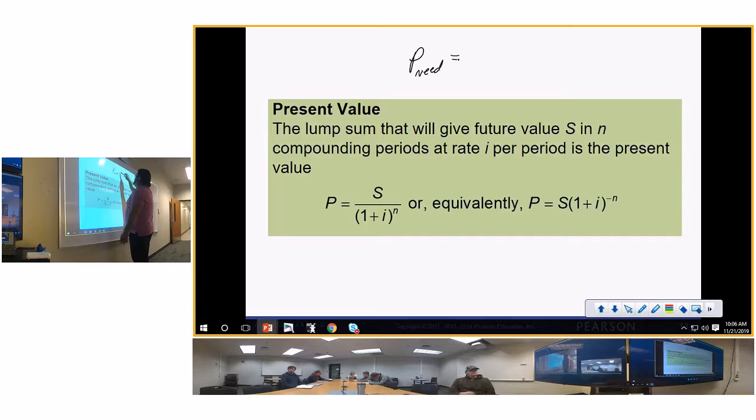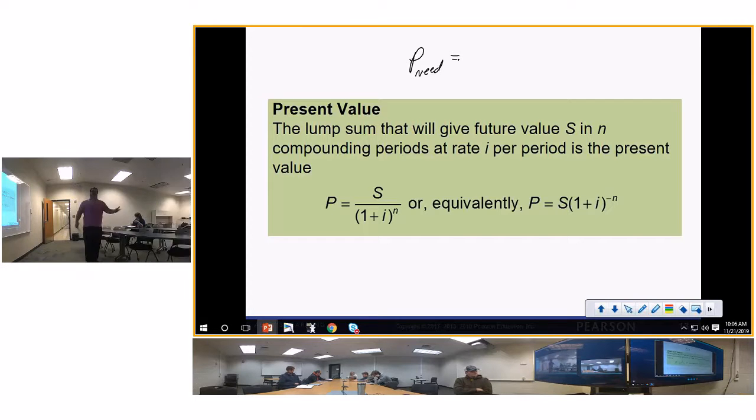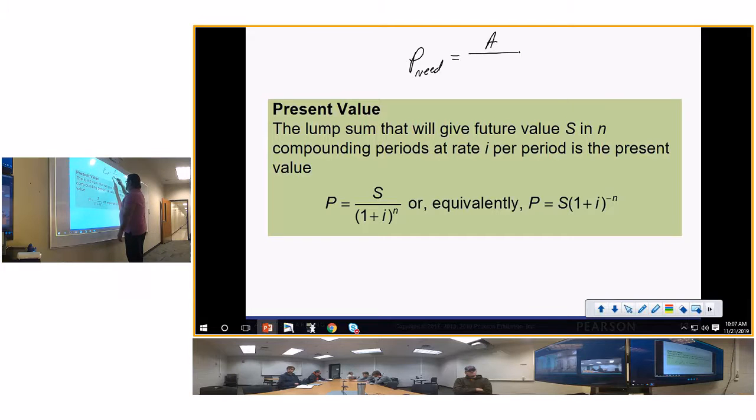In other words, if you want to retire and get $500 a month for the rest of your life, what do you need to put into a savings account at this percent interest? Everybody with me? Okay, that's what they're asking for. So that's going to be your A over 1 plus R over N, because R over N is what you've been using for years, raised to the N power. Sorry.